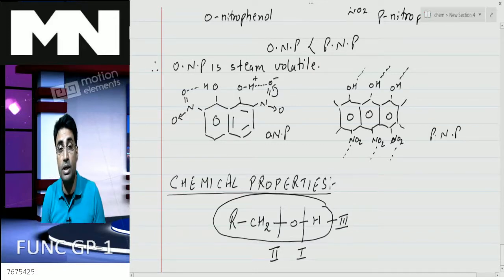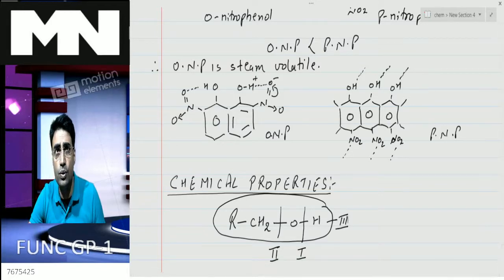So we can divide their chemical properties into these three parts. As far as the first part is concerned, we'll be dealing with the acidic character of alcohols and phenol. Why alcohols are basic, why phenols are acidic, we'll be doing that. So this is all which we will do in today's class, and we'll be doing the acidic and basic character in the next class.